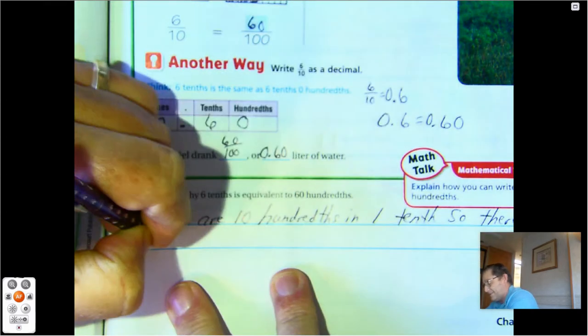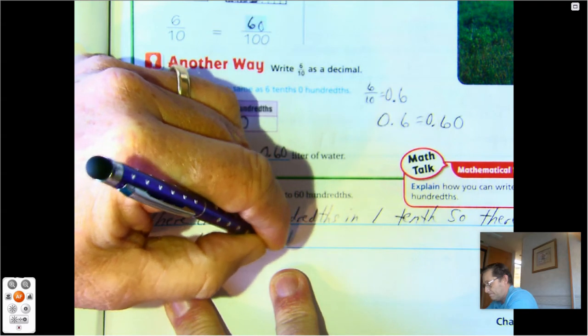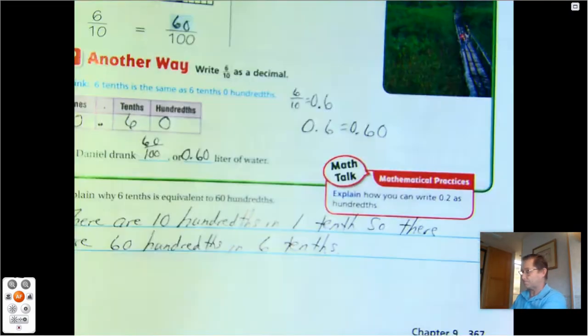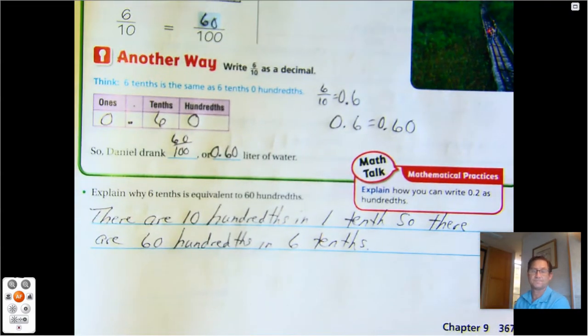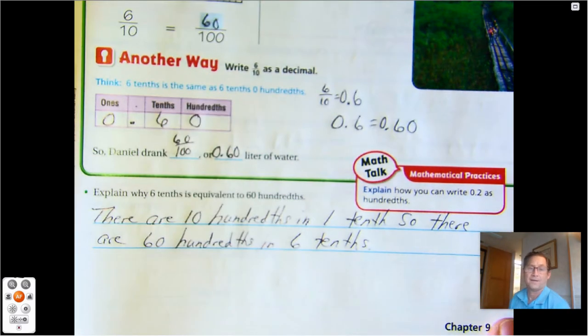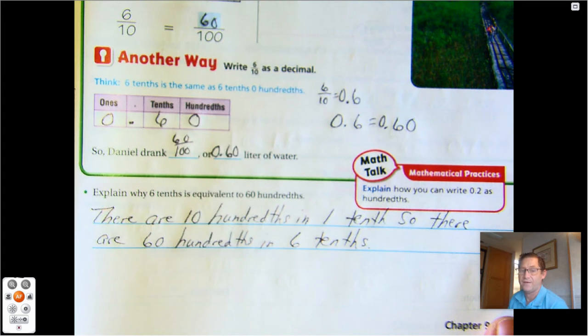So there are 60 hundredths in 6/10. If we had 10 over 100, we could simplify that to 1/10. 60 hundredths, we could also simplify to 6/10.